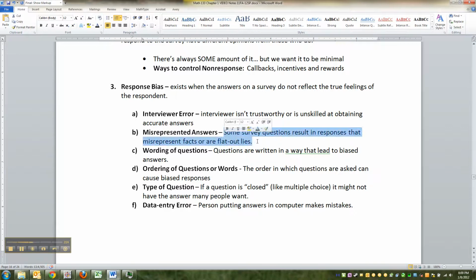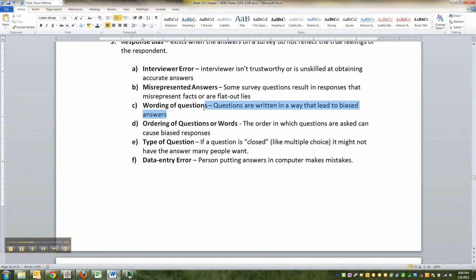Okay. All right. What about wording of questions? You can totally word a question so that it leads you to a biased answer. Like, don't you agree that healthcare for all is a bad idea, blah, blah, blah. That kind of thing. But the way you're saying it, the negativity, and of course, it generally isn't that obvious. It's more subtle.